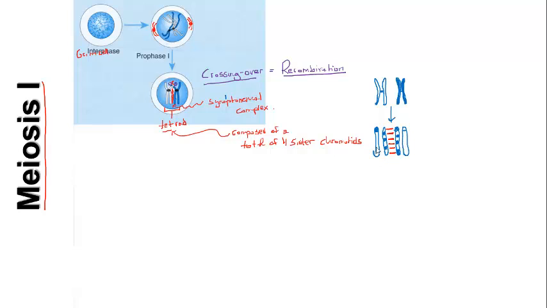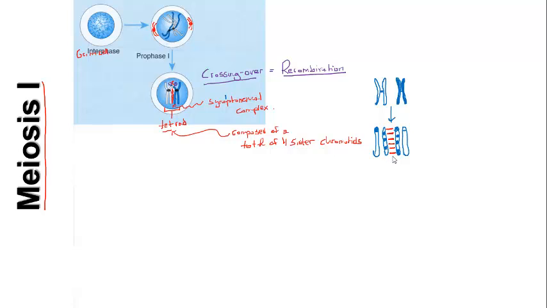We kind of scrambled things up, albeit in a very organized way, so that the alleles are still all in their same relative locations within the sister chromatids. It's just that you have different alleles in the sister chromatids now, among this tetrad.